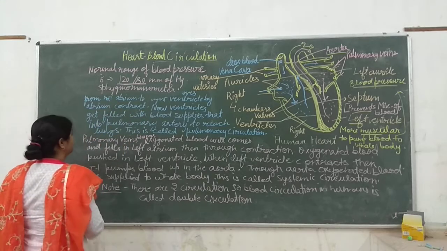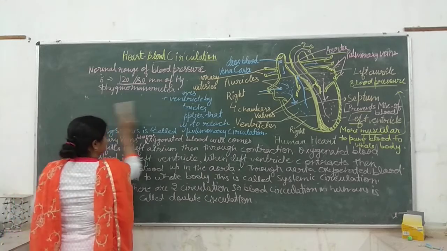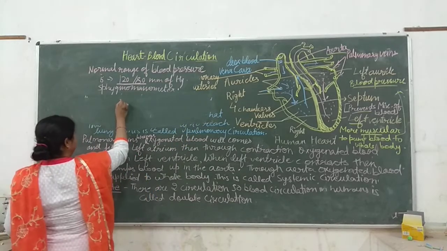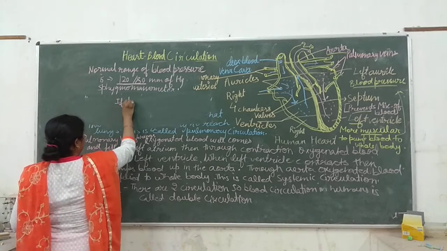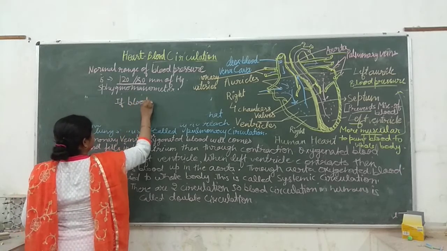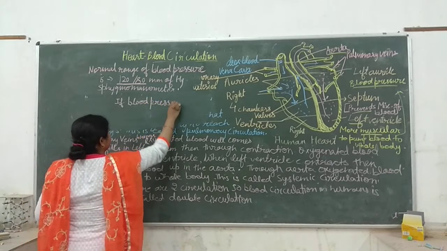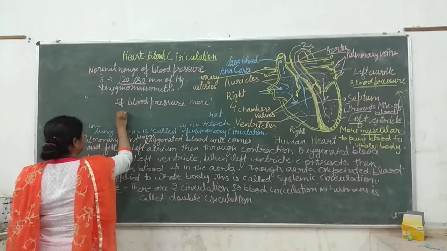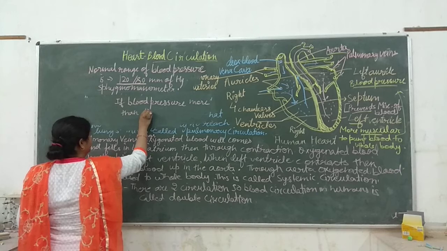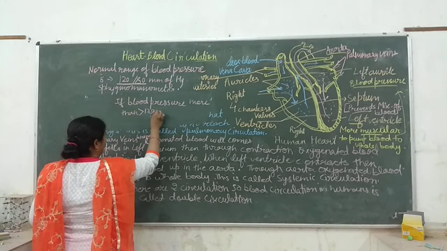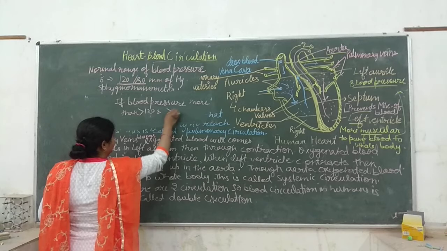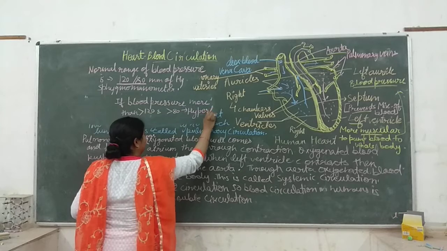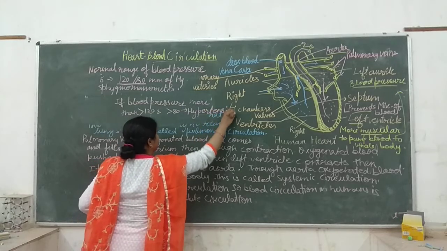If the BP is changing, for example in older individuals, and the higher value is more than 120 and the lower value is also more than 80, we say that it is hypertension, meaning high BP.